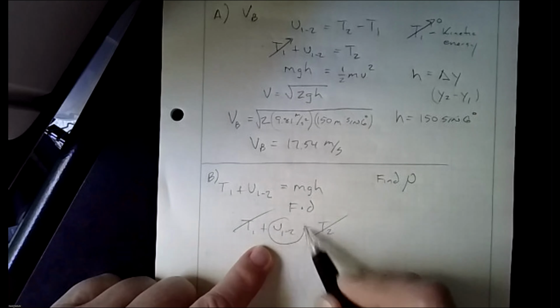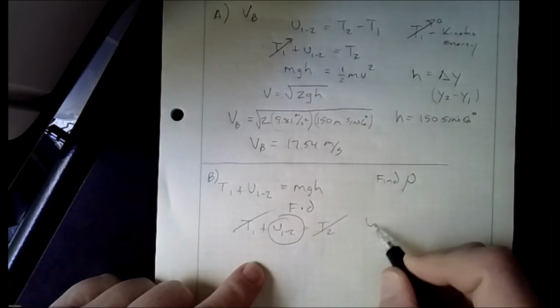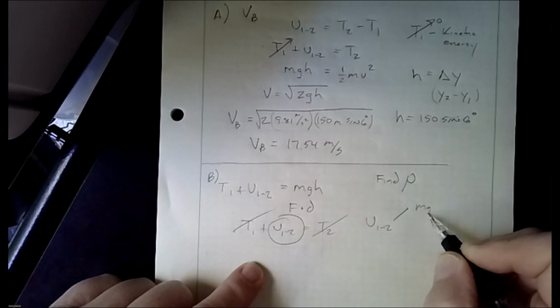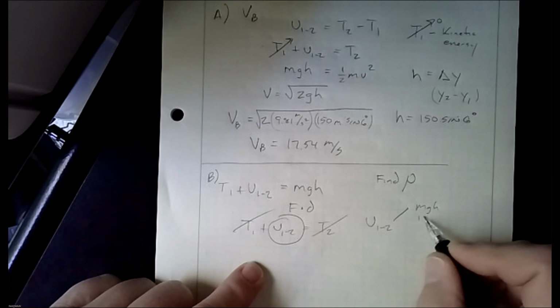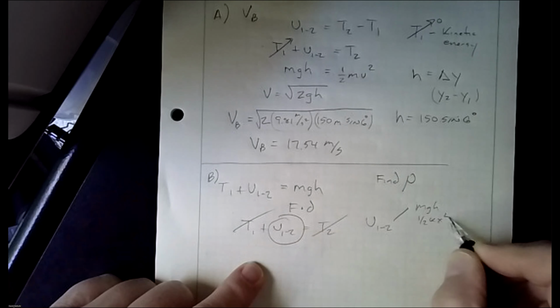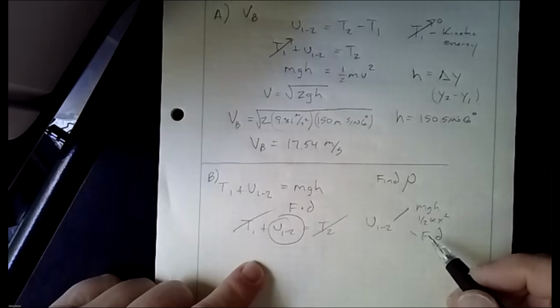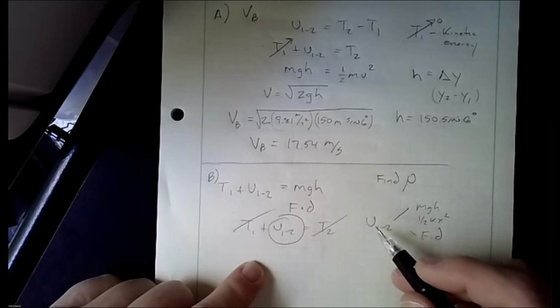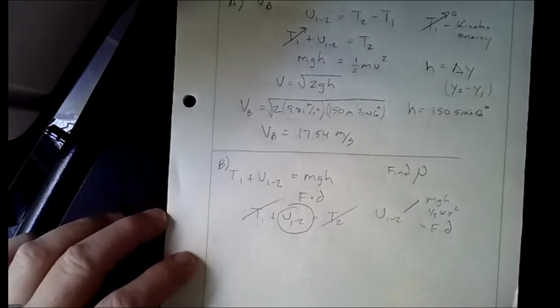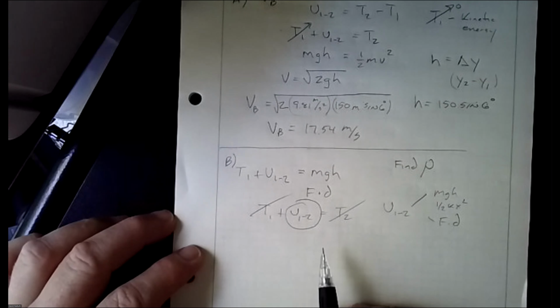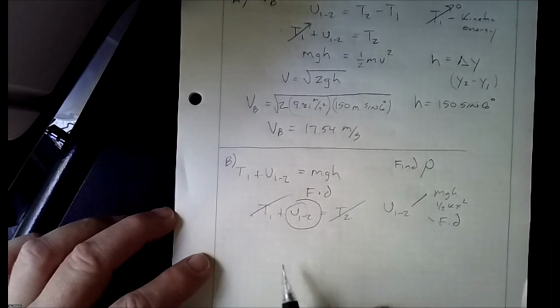Remember, U1 to 2 accounts for mgh, 1/2 kx squared, and force times distance. All those phenomena are lumped into this term. So really all of it is going to be equal to 0, but we can write it as one equation.